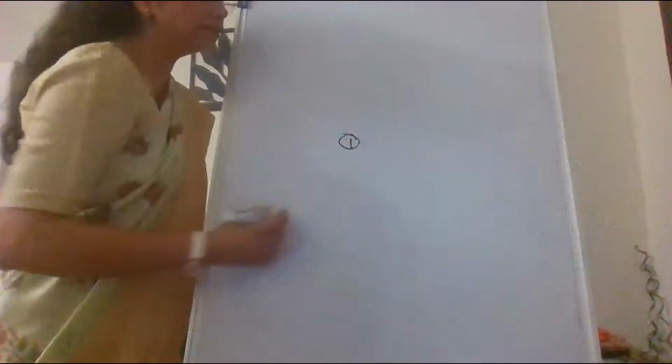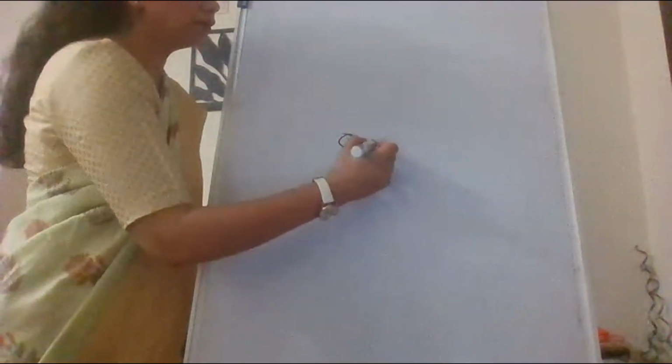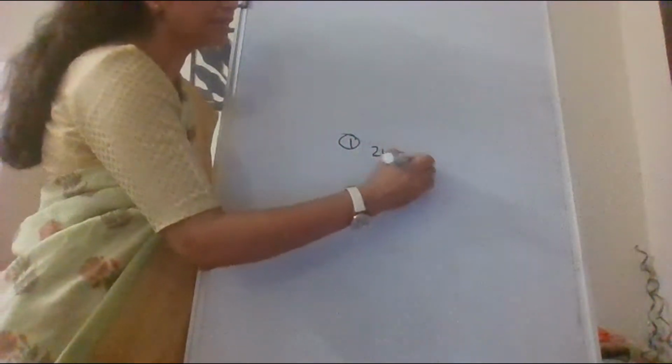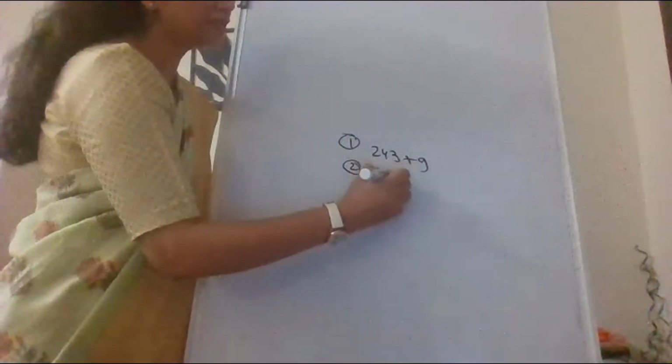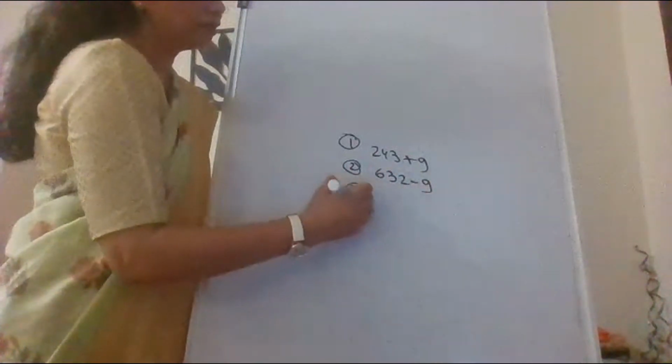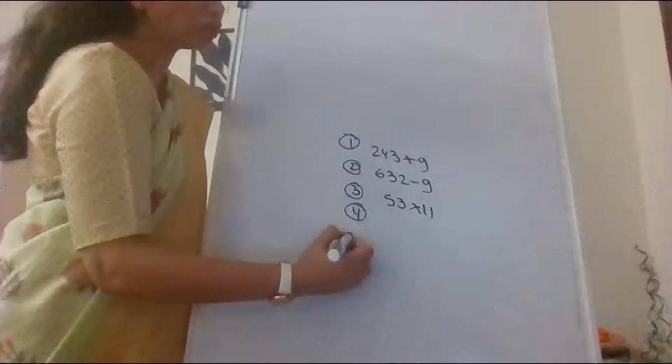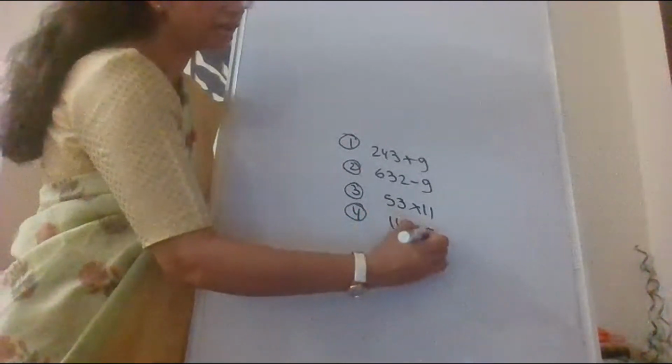Now let's have a quick revision of what I taught you today. First, we have learned the trick for plus 9 and minus 9, like 243 plus 9 and 632 minus 9. Then we have learned 53 times 11. Then we have learned the dodging table, that is 14 times 5.